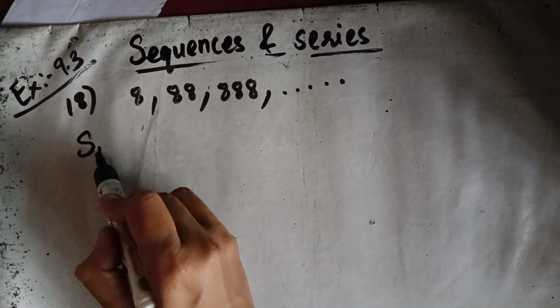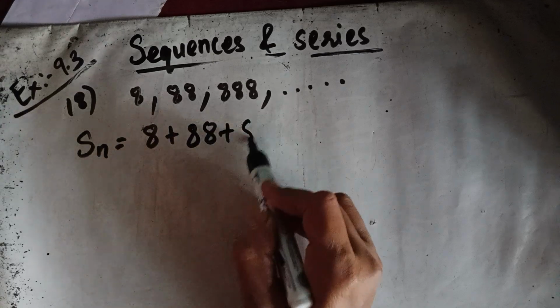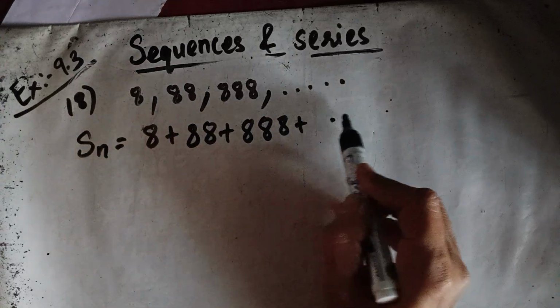So if you add these, the sum will be 8 plus 88 plus 888 plus dot dot dot.